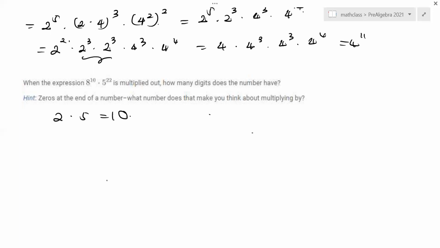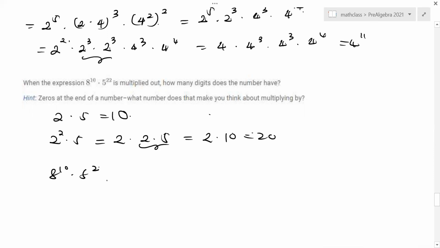Then you can determine how many zeros there are. For example, 2 squared times 5, you still have 2 times 2 times 5, and this 2 gives a 0. So let's take a look. 8 is 2 cubed.